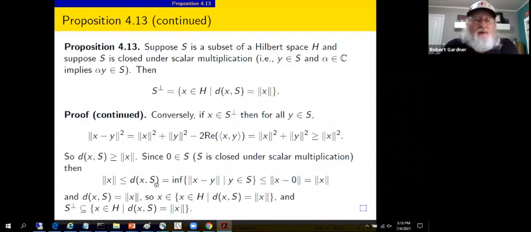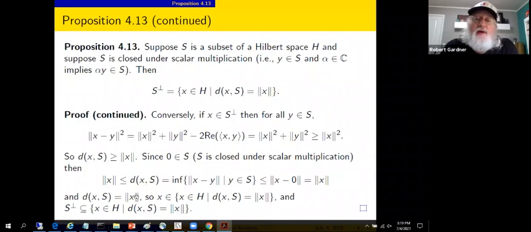And above, we had that distance bounded below by the norm of x. So we've got the norm of x less than or equal to the distance, less than or equal to the norm of x. Well, those less than or equals must actually be equals, since we've got the same thing on the far left and the far right, namely the norm of x. And we must have that the distance from x to S actually equals the norm of x. So there's the other part.